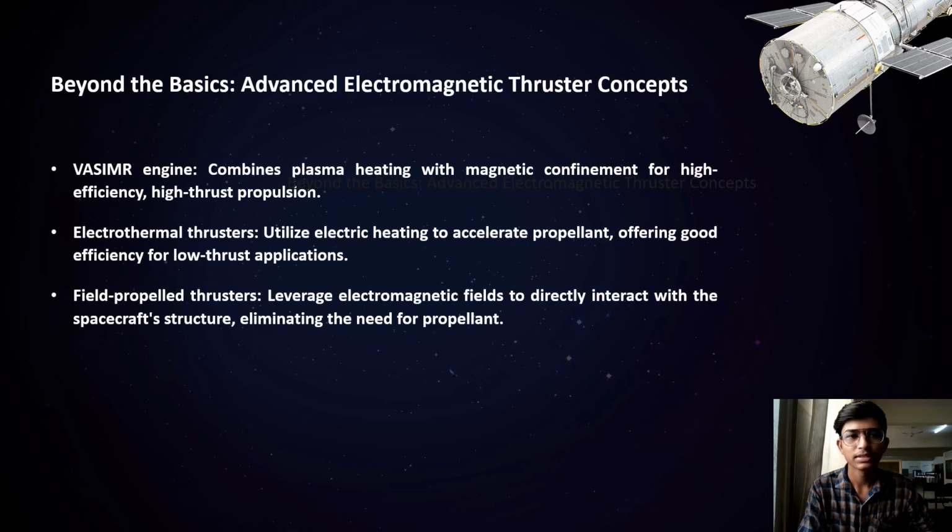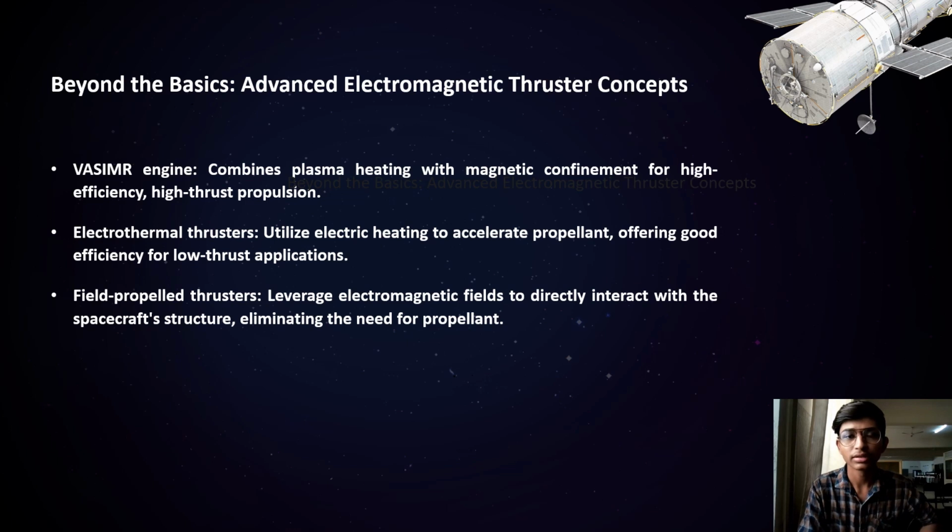Now we will see the advanced electromagnetic thruster concepts. The world of electromagnetic thrusters extends beyond the core types discussed earlier. Researchers are actively exploring advanced concepts, pushing the boundaries of space propulsion. Some examples include VASIMR engines.